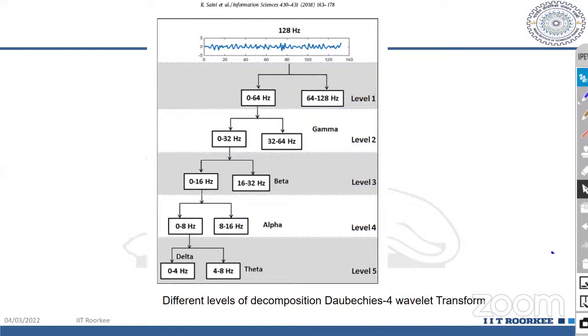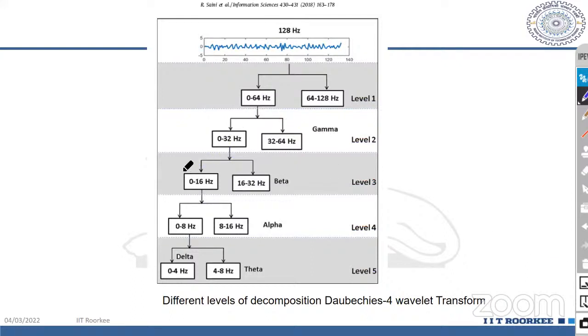The first level will give you the approximate part and the detailed part, so this will be your A and this will be your D, the approximation and the detail. Then this is further divided at level 1 into A and D. Like this you go on, and only the approximate part is always divided further.